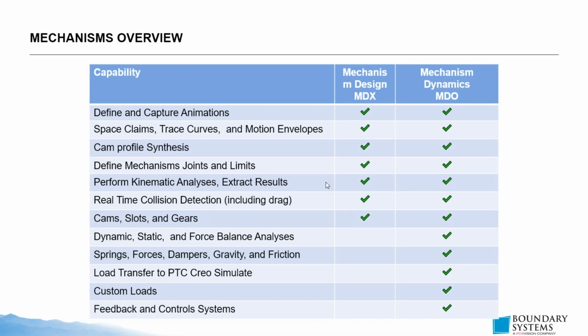You can do cam profiles, which also will go through certain motions over a certain time, and you can graph that. The Mechanism Dynamics option, on the right there, includes more functionality, including forces, gravity, springs, dampers, friction, and it lets you graph not only position, but velocity and acceleration in relation to all of these forces.